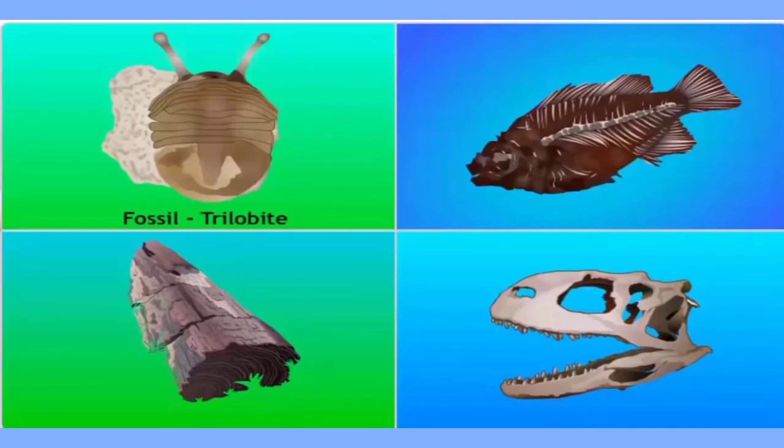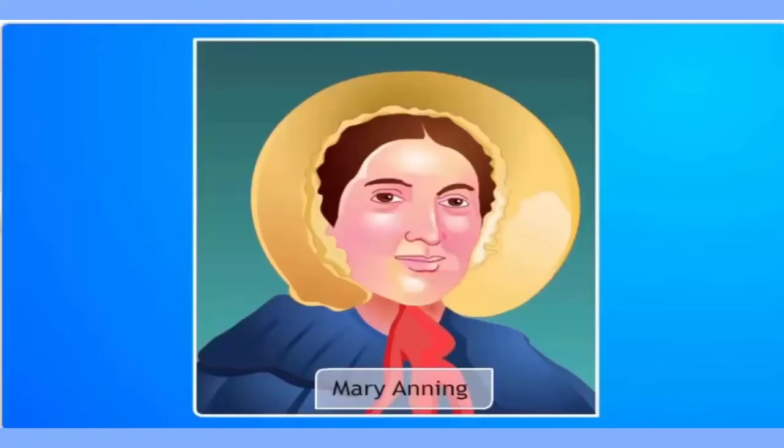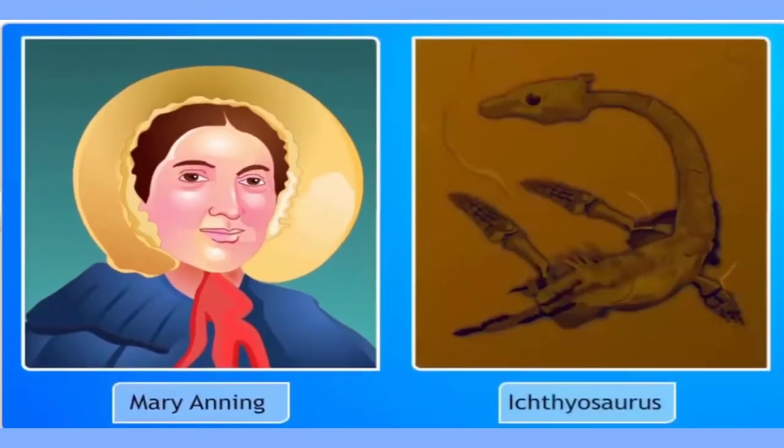Fossil fish, fossil tree trunk, the dinosaur skull. This fossil was found only a few years ago in the Narmada Valley. Mary Anning found the specimen of Ichthyosaurus and was the first fossilist.